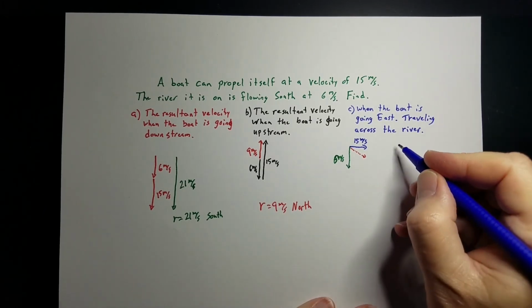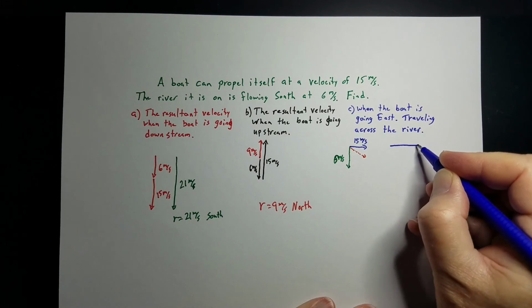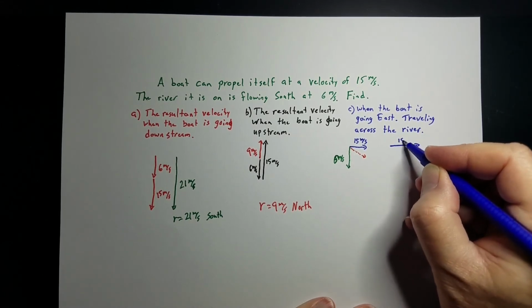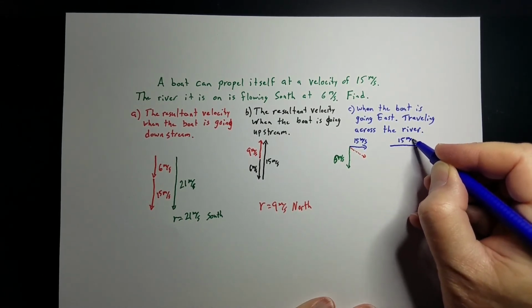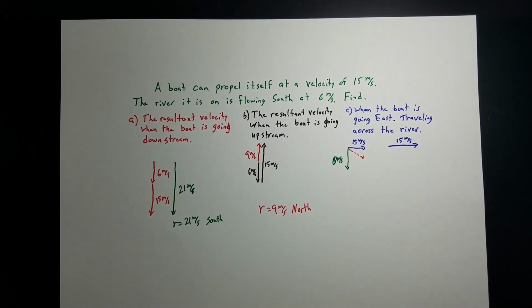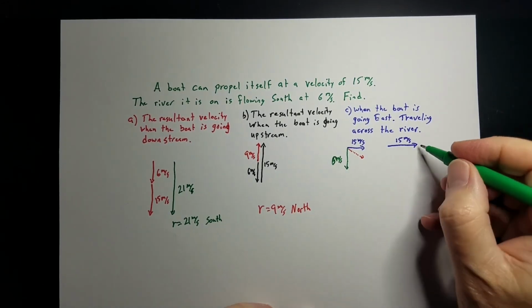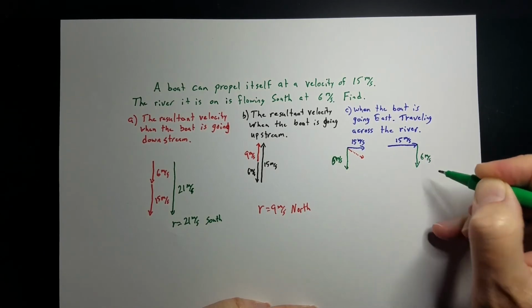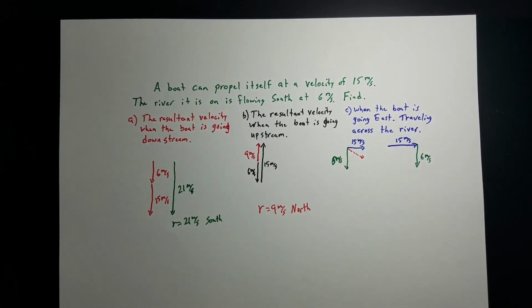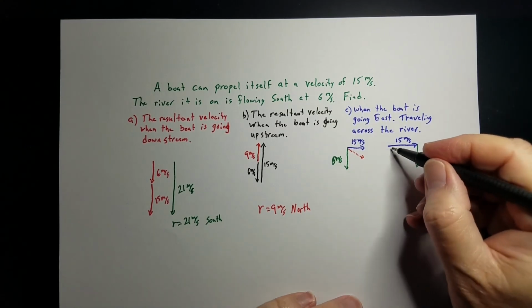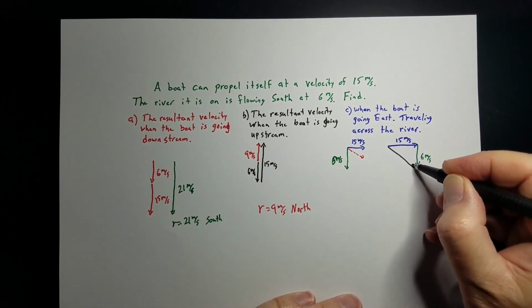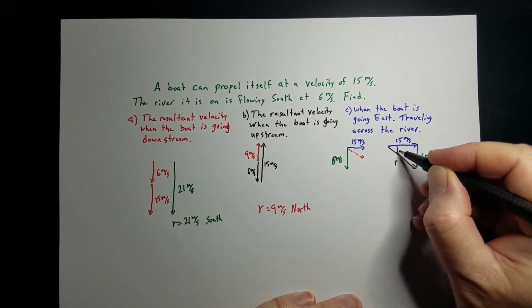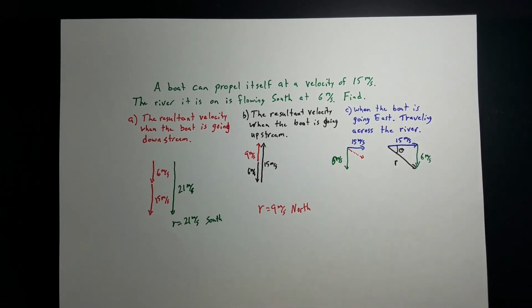So for that one, again, I prefer drawing the horizontal one first, 15 meters per second. And where that one ends, draw the vertical one, 6 meters per second. And the resultant velocity is, again, from where you start to where you end. And the angle is from that first vector to your resultant vector.